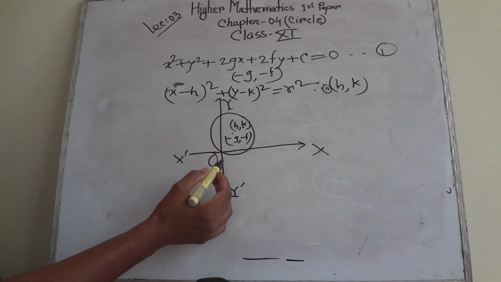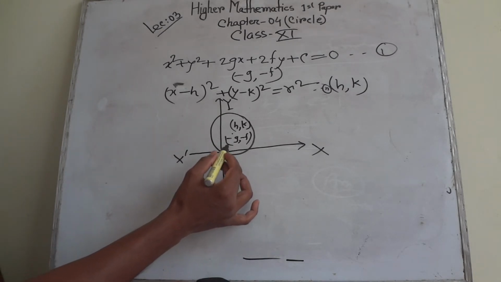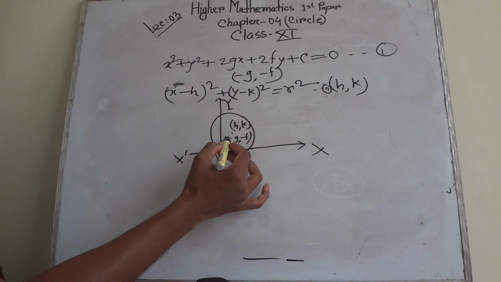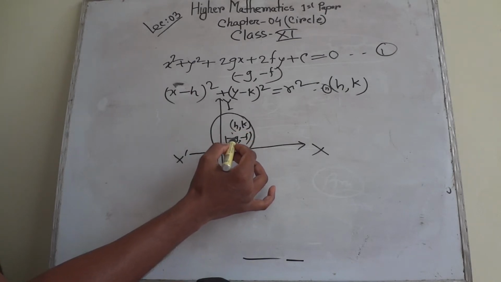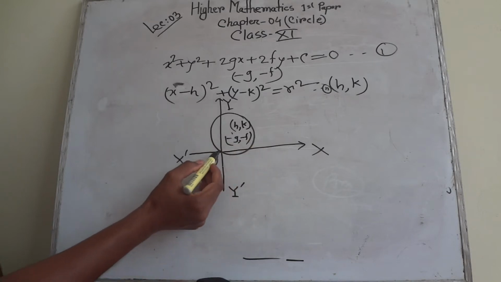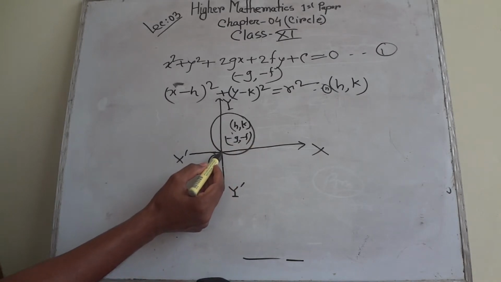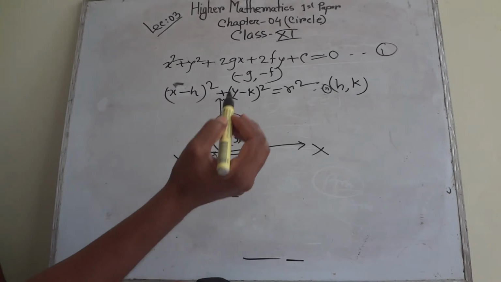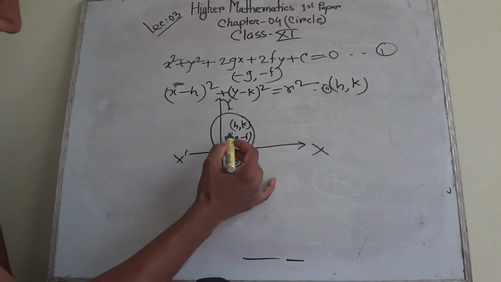Follow the figure. The center of the circle is (h, k), or (minus g, minus f). Follow here. This is the origin. That means the circle passes through the origin. Origin means (0, 0).